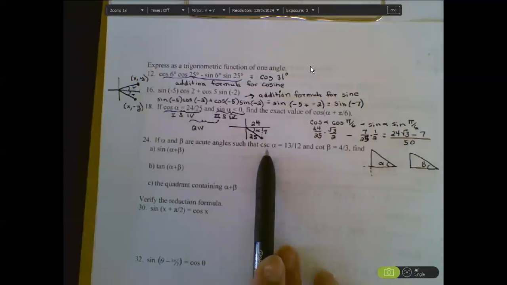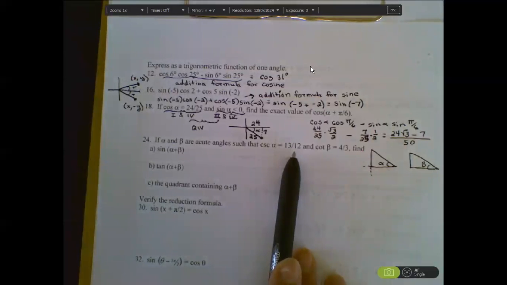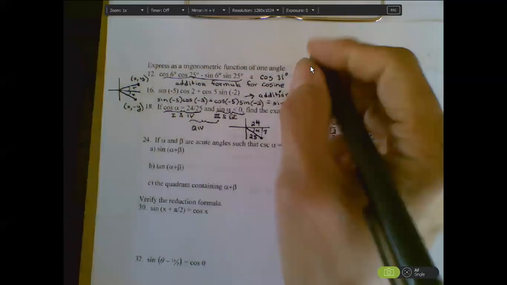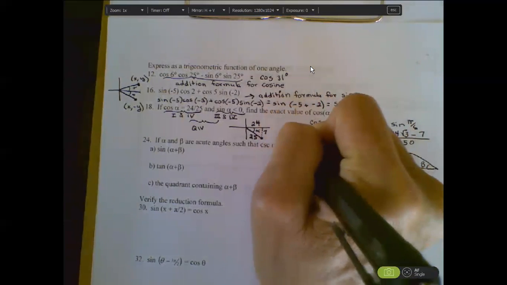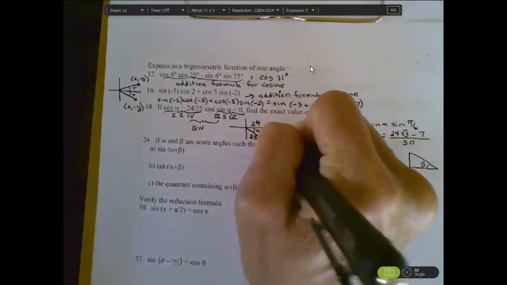Now, cosecant's the reciprocal of sine. Using the words opposite, adjacent, and hypotenuse, what's the definition of sine? Opposite over hypotenuse. So this cosecant must be hypotenuse over opposite.